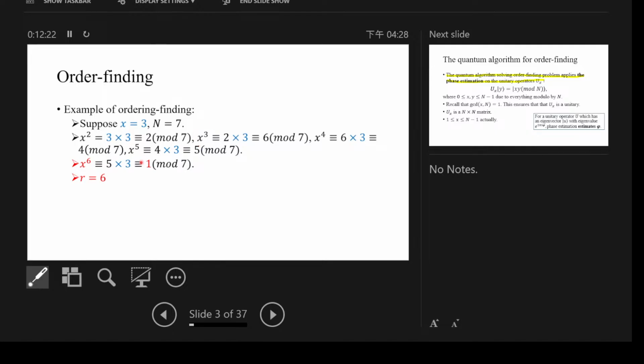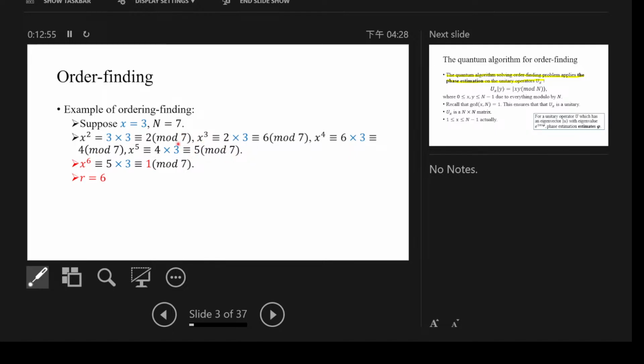Then x cubed is 2 times 3, equal to 6 mod 7. Then x to the fourth is 6 times 3, which is 18, and mod 7 is 4. Then 4 times 3 is 12, and 12 mod 7 is 5.